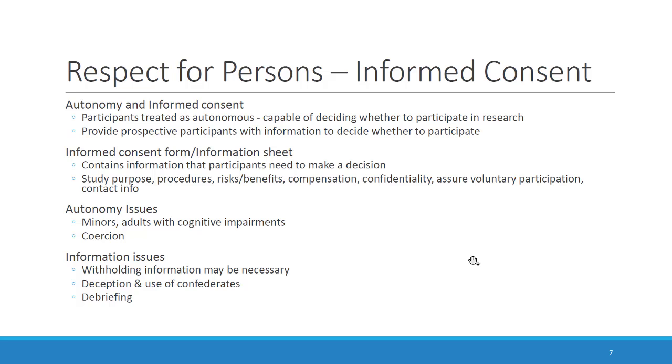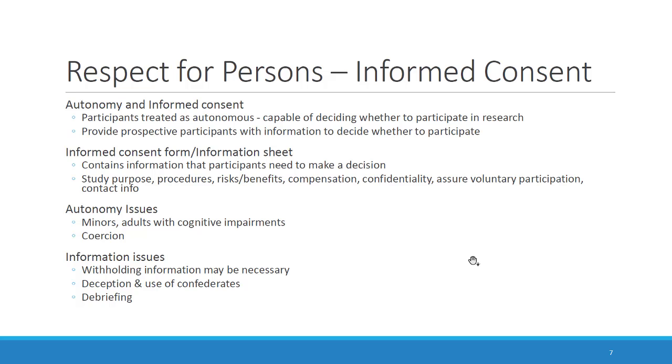So for instance, if I were to conduct a research study with UNCC students and I offered, say, a $500 incentive to participate in my study, that might be seen as coercion because students are oftentimes working in low-wage jobs and need extra money, and a student might see that and say, hey, I can't pass this up, I have to participate in this. So that would not be allowable in terms of research ethics.